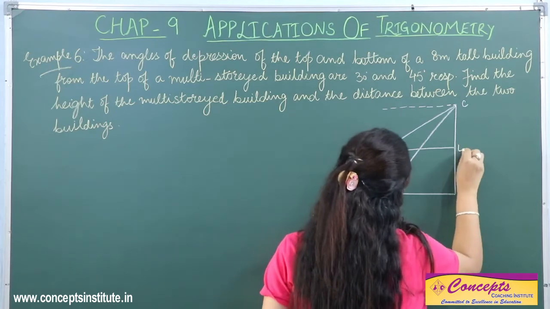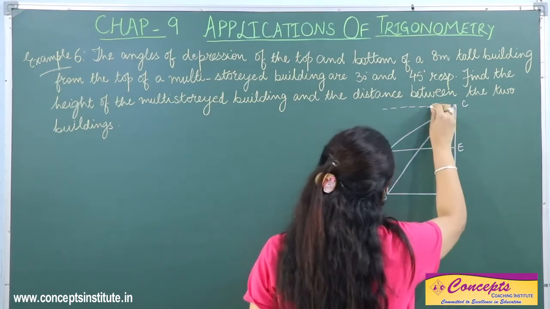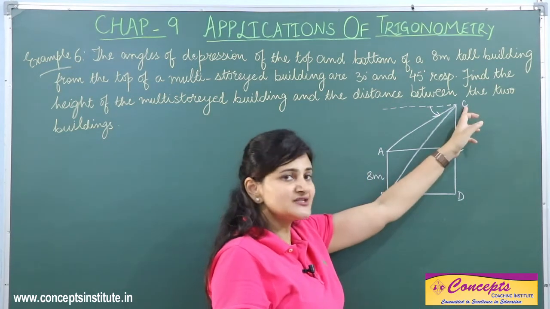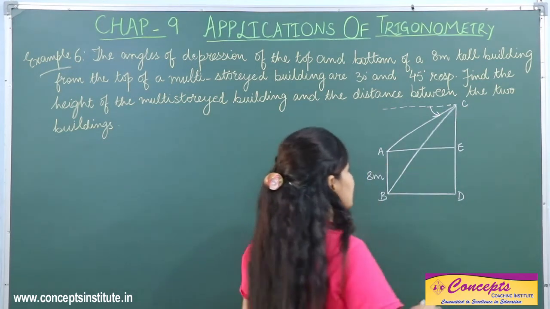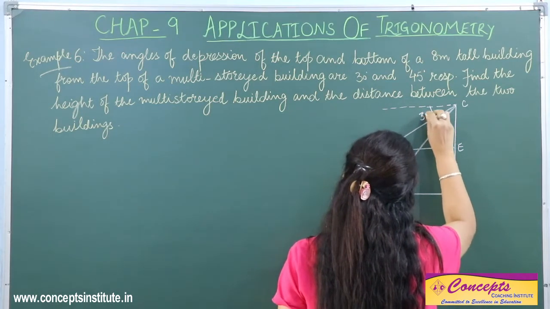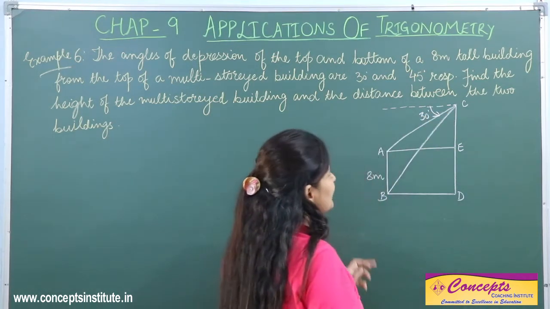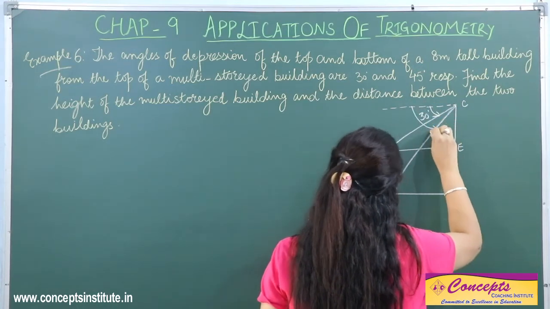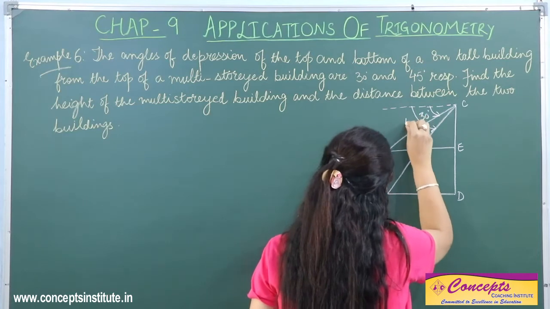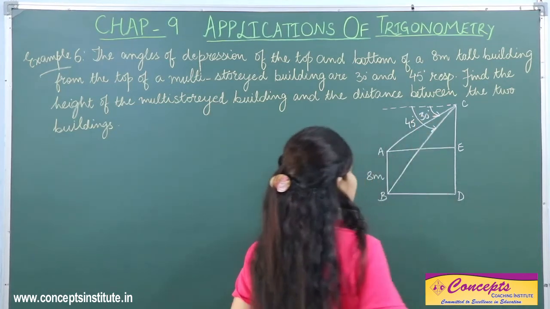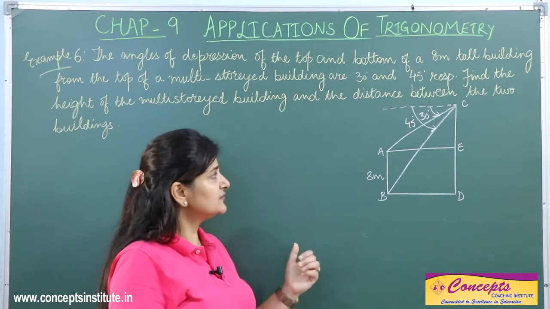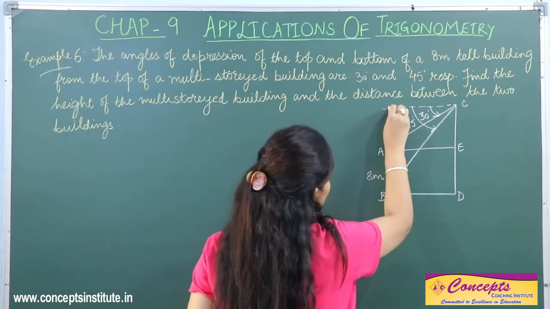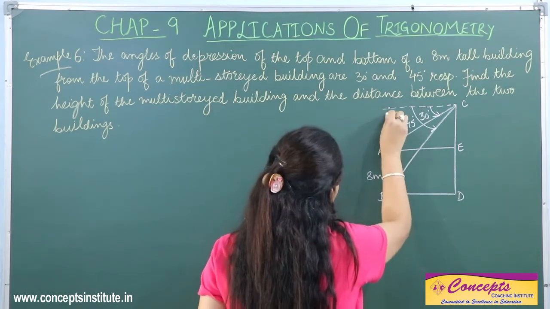Let me call this point E. Now it is given that this angle of depression, seen from the top of the multi-storied building to the top of the 8 meter tall building, is 30 degree, and the angle of depression from the top of the multi-storied building to the bottom of the 8 meter tall building is 45 degree. Right students? Now as you can see, this angle 30 degree, I am going to take this also as a point. Let me take it as F.